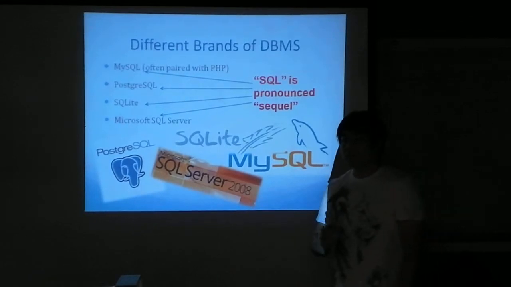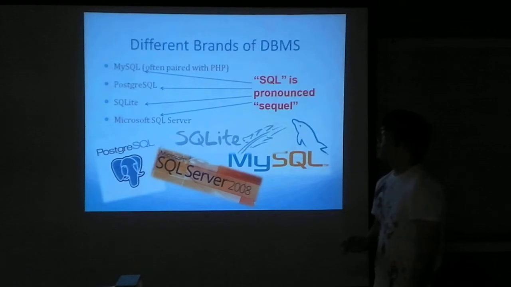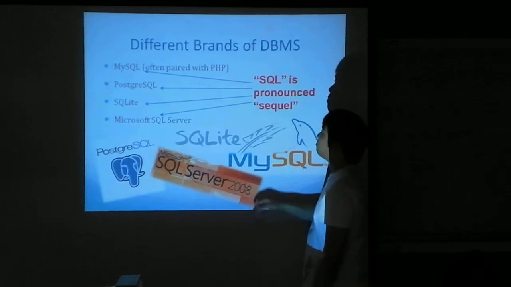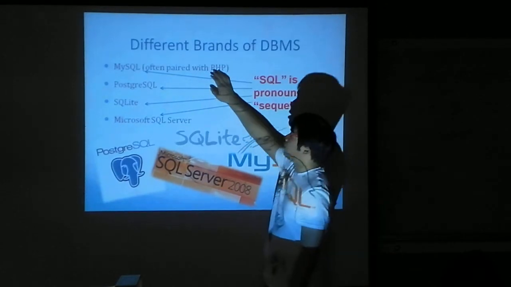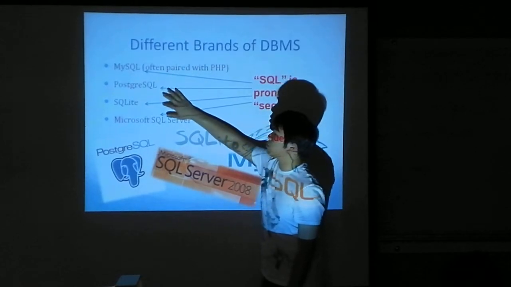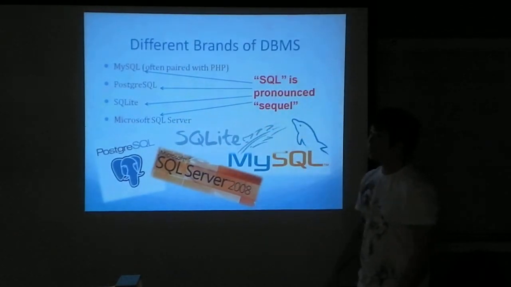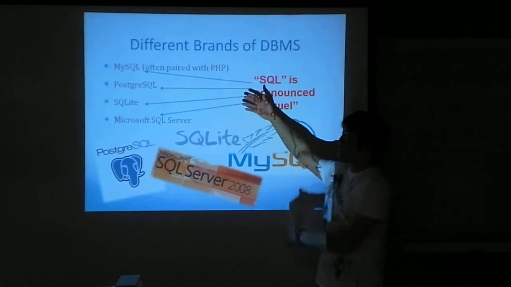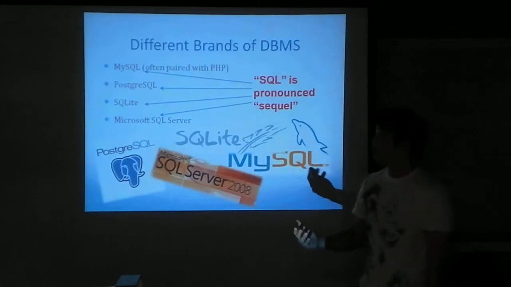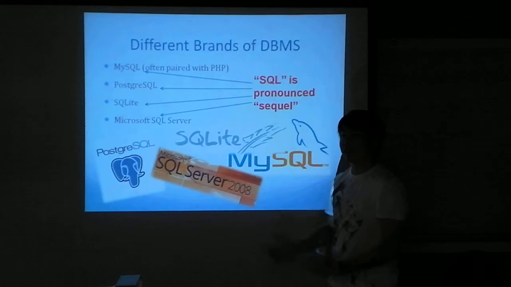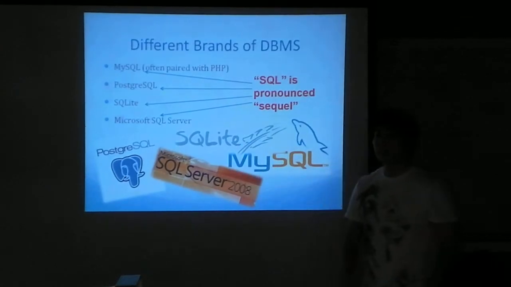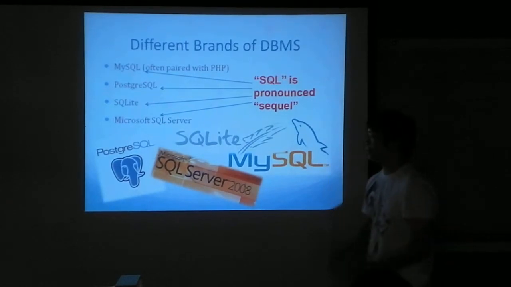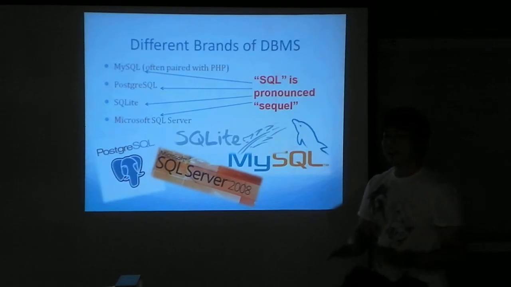And there are a lot of small differences between them, but for the purposes of this class, they're pretty much the same. One thing you have to keep in mind is that MySQL, Postgres, and SQLite are offered through open source means, meaning that if you wanted to use those databases as part of the back end of your website, you wouldn't need to pay to have that software. If you use something like Microsoft SQL Server, you would have to buy a license, which costs a ton of money. Definitely something you don't want to do, at least at a startup level.